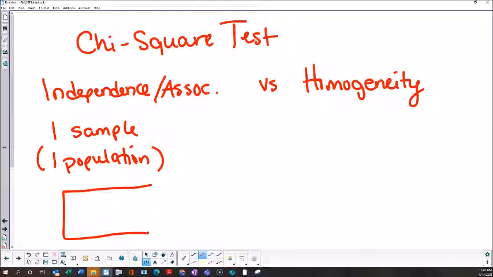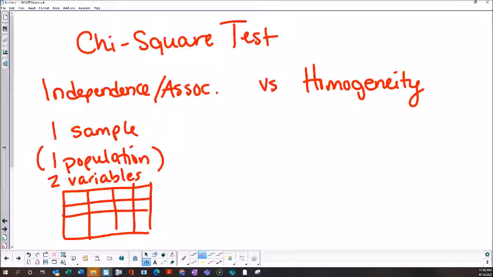And you think you could have a two-way table here, right, with two variables. Two variables that take on different values. So you can have multiple rows, multiple columns, but you're just going to have columns and rows. The key is that there's one sample that represents one population.